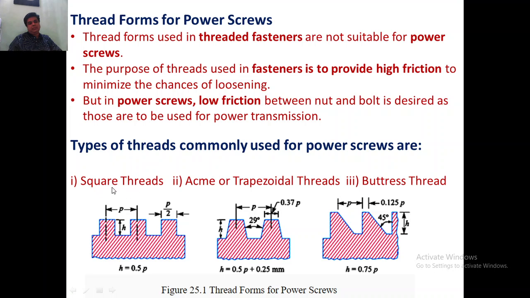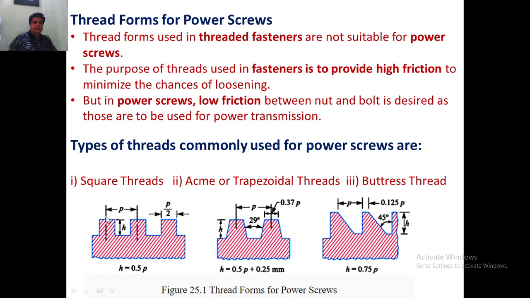The one simple and basic thread form is the square thread. As you can see in the drawing, we have the pitch. These are the threads. One side of the screw rod is shown here as a cut section, which has threads. The profile of the thread is a square, so it's called a square thread.